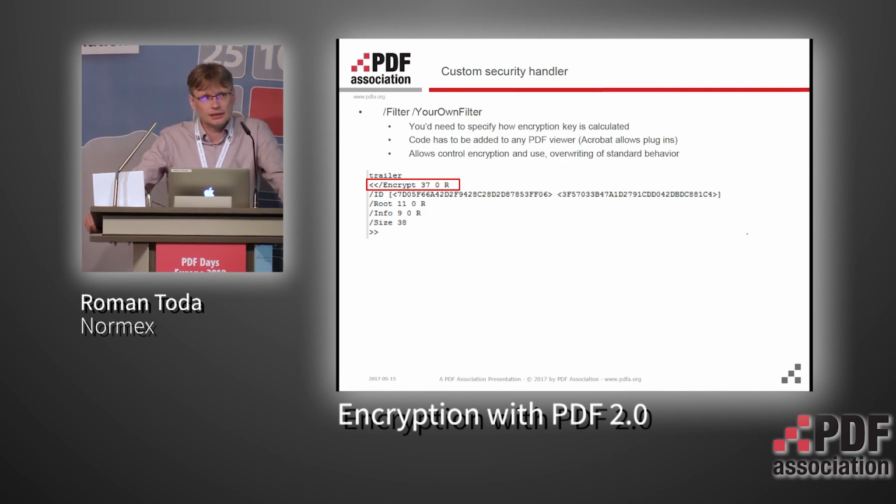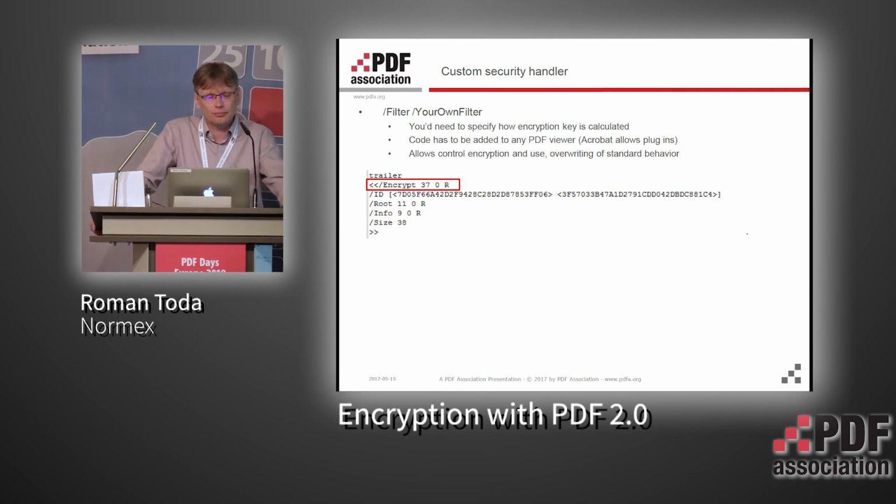And simply, instead of providing the encryption dictionary in the trailer with the standard name, you provide an encryption dictionary with a filter of your name. Then you can store whatever you want in the encryption dictionary.